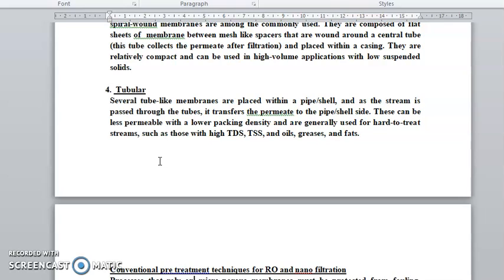This can be less permeable with a lower packing density and is generally used for hard-to-treat systems, such as those with high TDS, TSS, and oils, greases and fats.